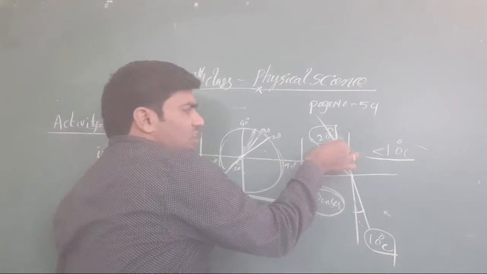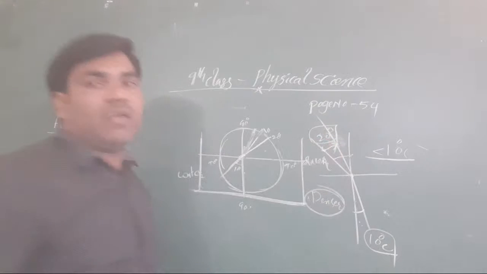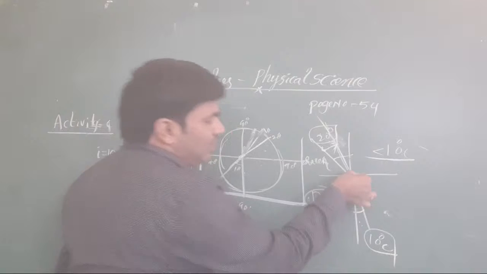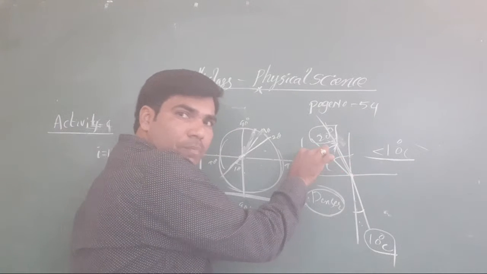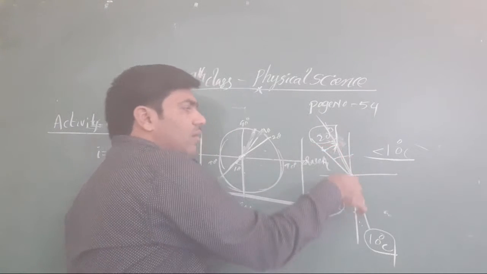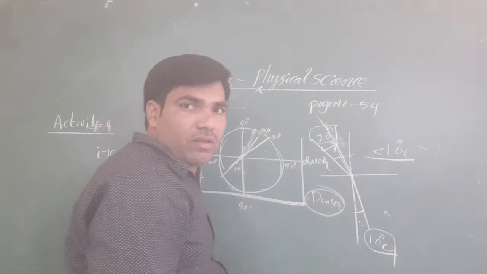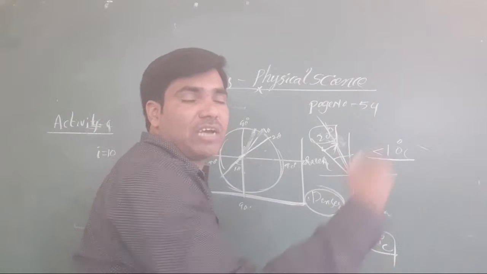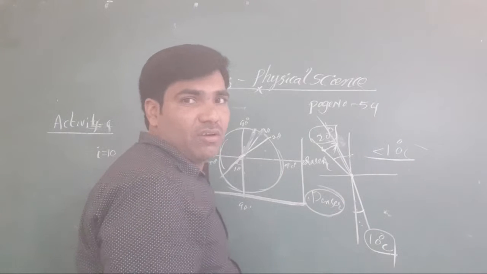Yes, we want to change the location of our incident path. Okay, what is the difference between the actual appearance and this particular straight line? That is only the difference between the angle of refraction and angle of incidence. Got it or not?